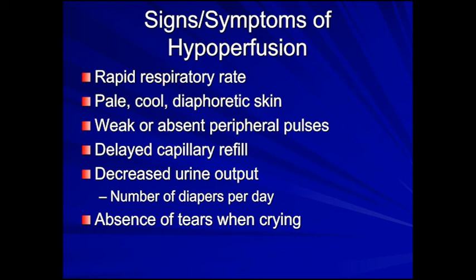Pale, cool, diaphoretic skin. As the patient goes through this process, there may be some shunting that is involved. So we may have some clamp down, so your peripheries may be pale and cool, maybe even diaphoretic. That kind of goes hand in hand with the weak or absent peripheral pulses.